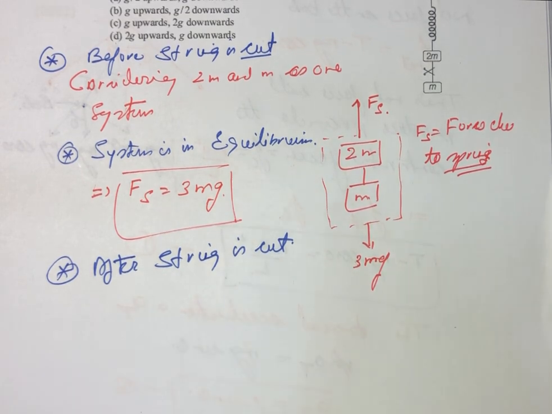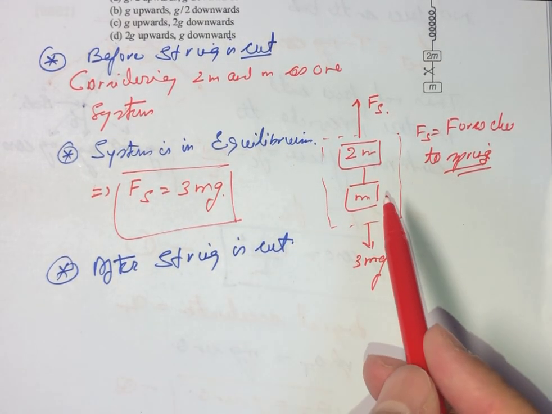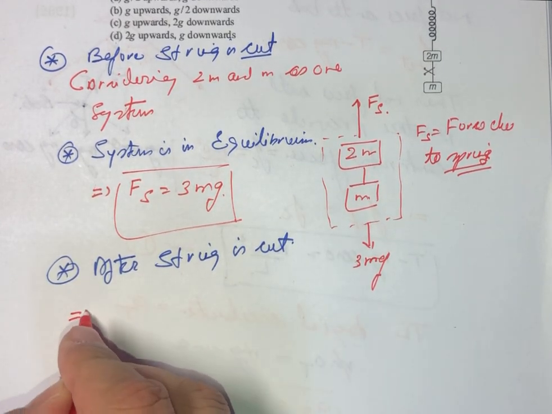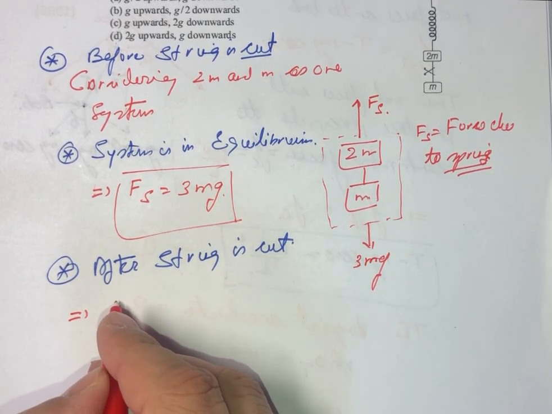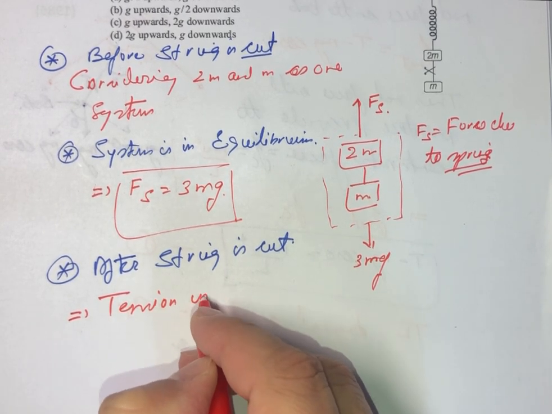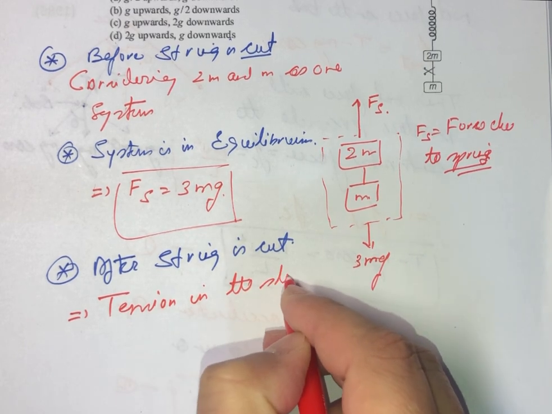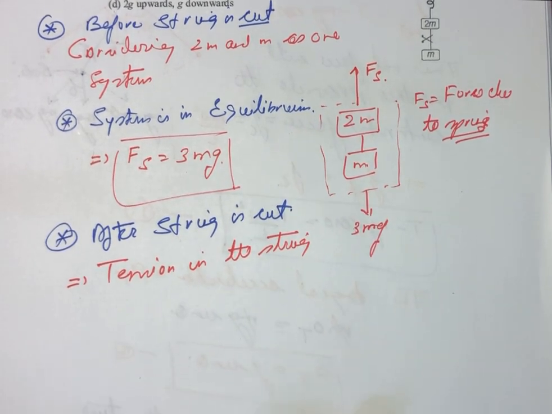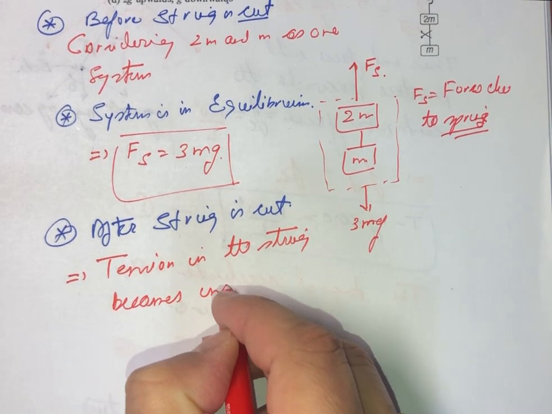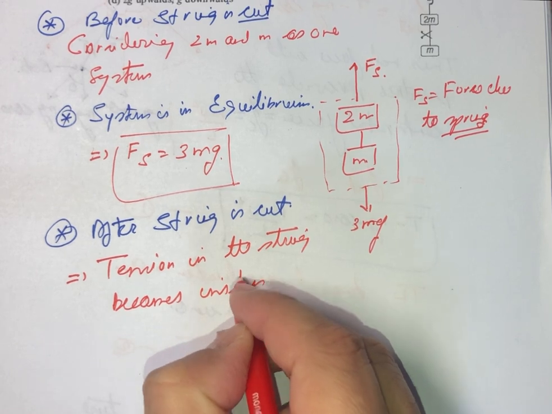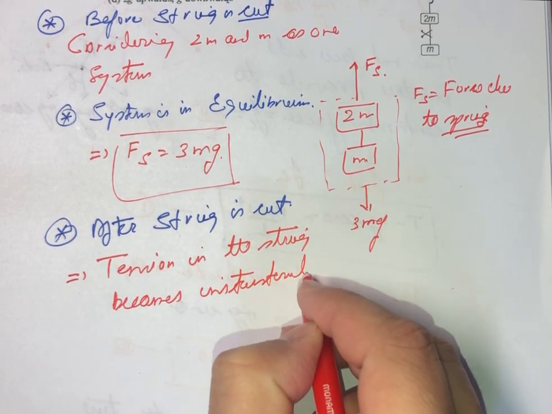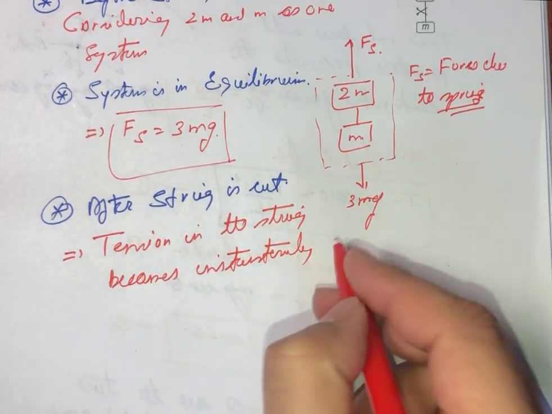As soon as the string is cut, the tension in the string becomes instantaneously 0.